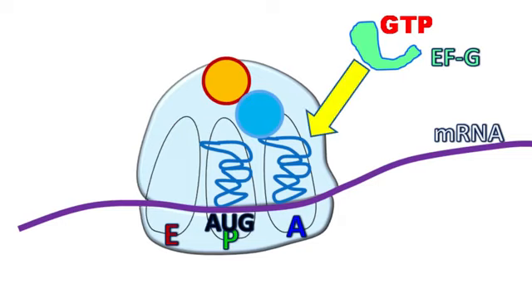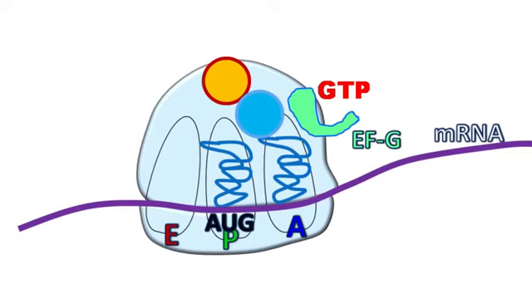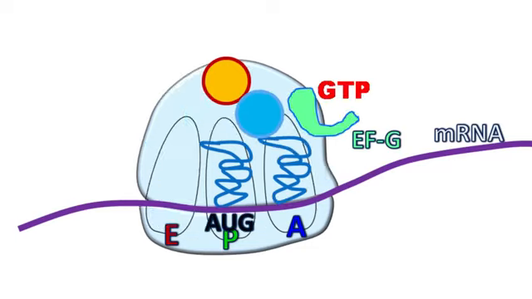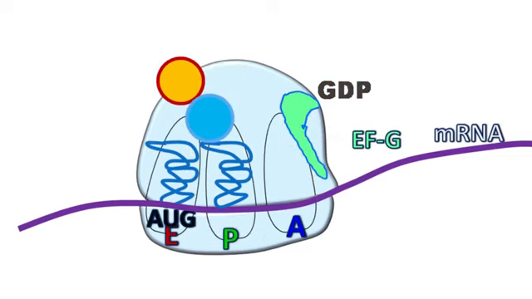The GTP-bound EF-G binds to the ribosome and the GTP is hydrolyzed to GDP. As a result of this conformational change, the tRNA carrying 2 amino acids at the A site shifts to the P site of the ribosome.